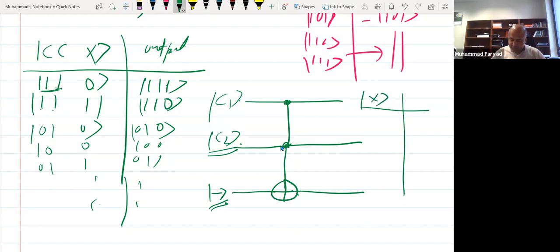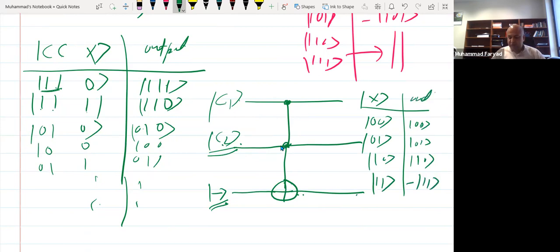If I take C1, C2 as my X state, if they are 0, 0, nothing will happen, so no phase is added here. If they are 0, 1, no phase is added here, because 0, 1 doesn't do anything, so I get 0, 1 again. If they are 1, 0, I get 1, 0 at the output again. But if they're both 1, 1, I get minus 1 at the output, because an X gate is applied to this qubit, and I can think of that phase as present with these 2 outputs.